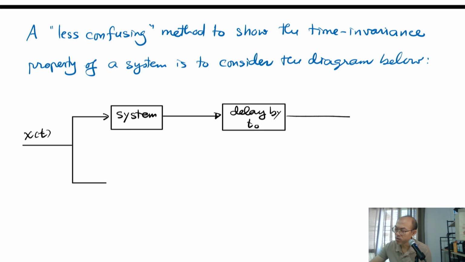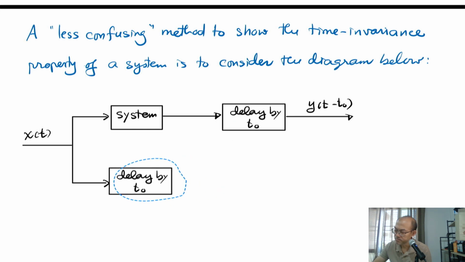Now we record whatever comes out. This is going to be y of t minus t0 that comes out. In the lower path, instead of putting it to the system first, we delay it first, and then we put it to the same system to investigate.